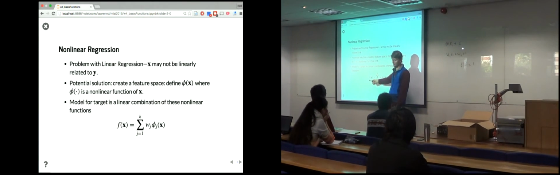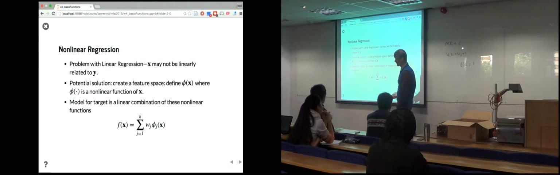So the key idea is that we have a prediction function f of x, just like before. Our parameters are still w, but instead of the parameters operating directly on x itself, we create these nonlinear functions. These are the basis functions which operate on x.